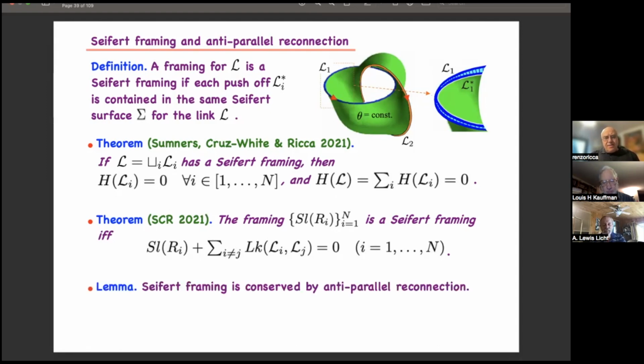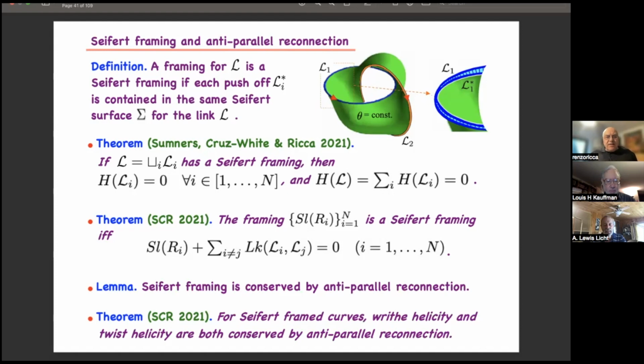A lemma: Zephyr framing is conserved by anti-parallel reconnection. As a result, for Zephyr framed curves under anti-parallel reconnection, writhe helicity and twist helicity are both conserved.